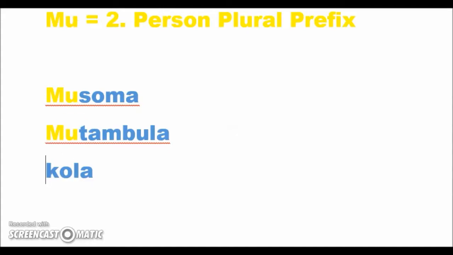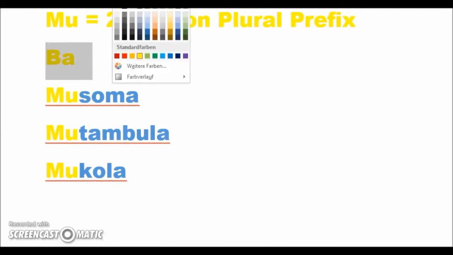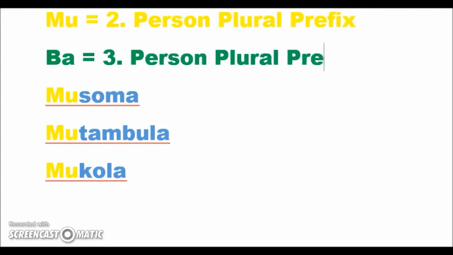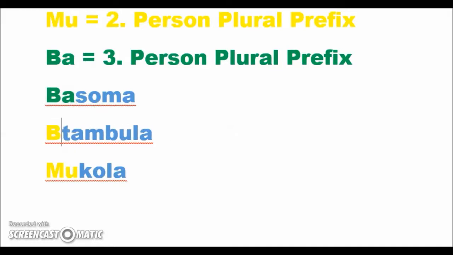You guys work will be mukola. And the one person missing is the third person plural, they, ba. Basoma, they read. Batambula, they walk. And bakola, they work.